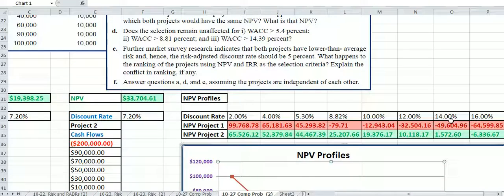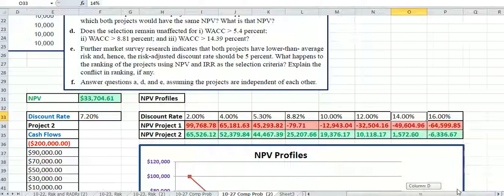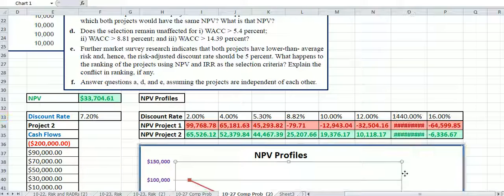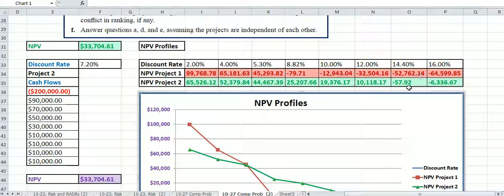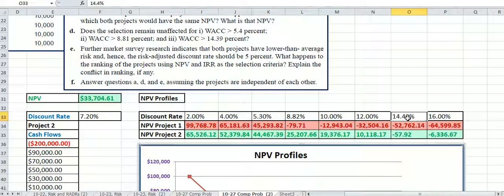So if we come over here, let me slide this over, and we put in 14.4, we can see that it goes negative, barely, right? And at 14.39, which is just a little bit less than that, we can see that at that point it's still barely negative.